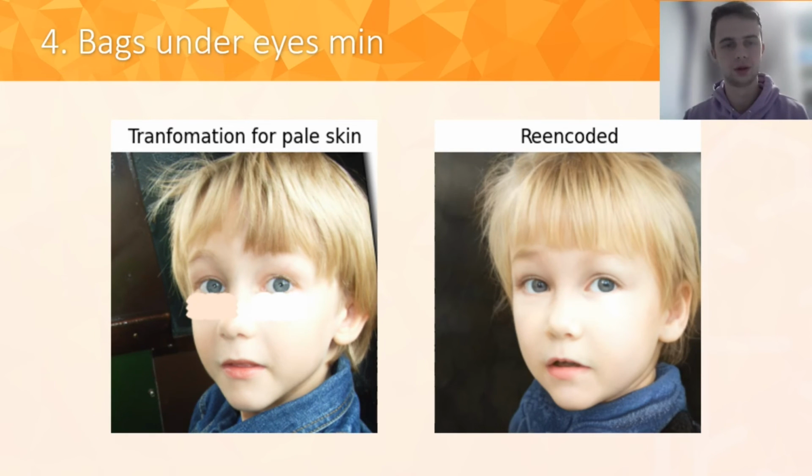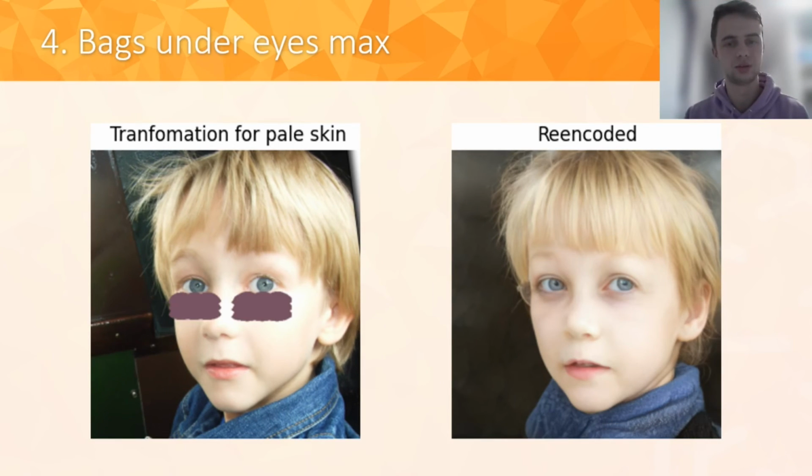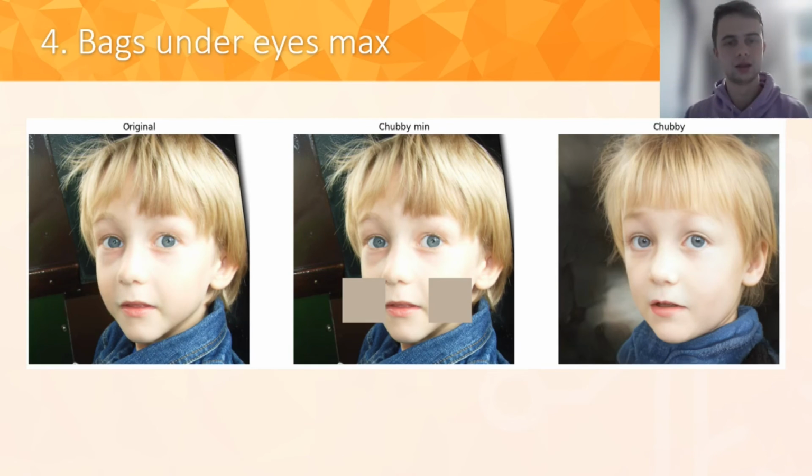For bags under eyes, to erase the bags under eyes, we just made the areas under the eyes clearer, and to make the bags under eyes at their maximum, we just made them darker. And for making people chubby or thin, we just lightened the cheeks, which automatically made people a bit less cheeky.